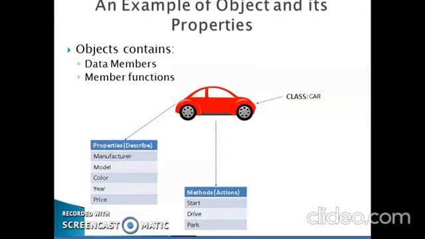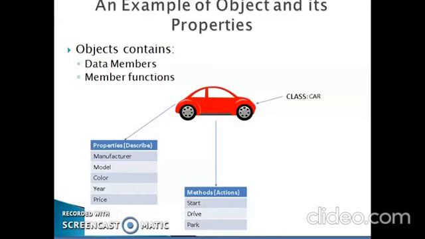In your class there might be 60 students. So all the students belong to which class? Class student.